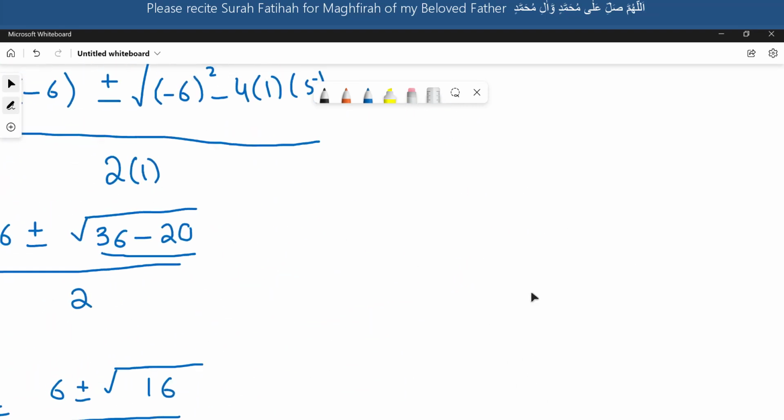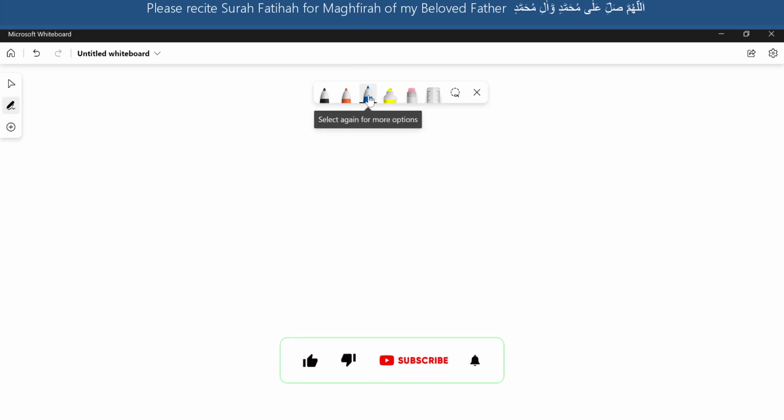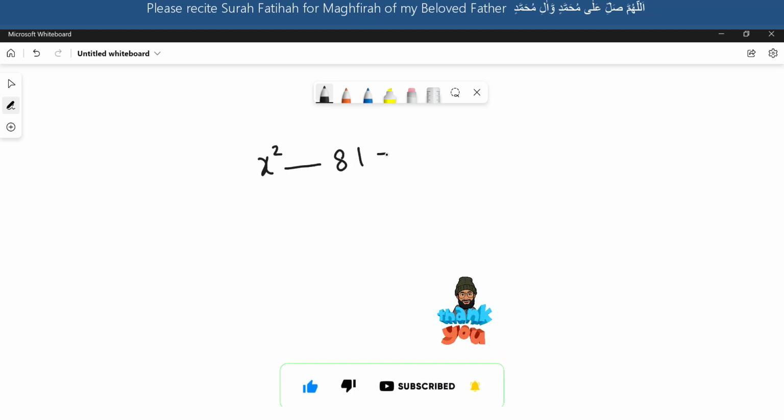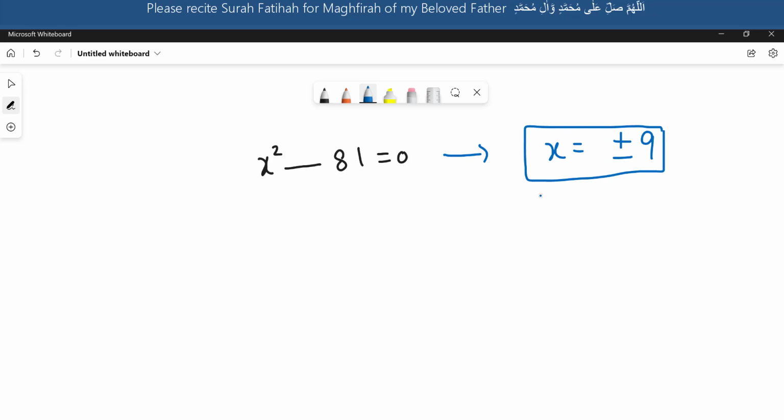Let's solve another question using the quadratic formula. You can use it for any quadratic equation. Let's say we don't have a coefficient of x, we just have the value of a and the value of c. By looking at this equation, we know the value of x is plus or minus 9.